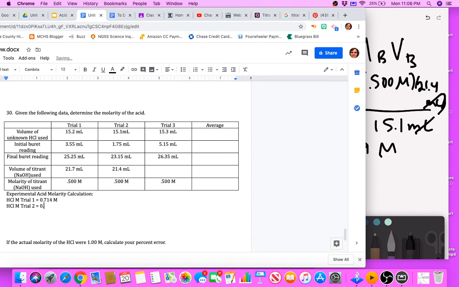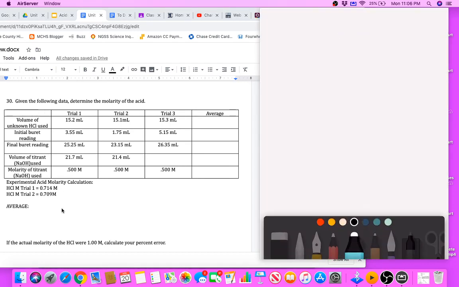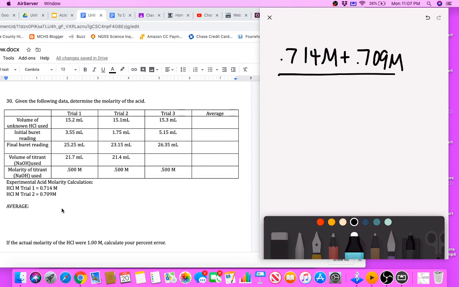So 0.709 molar. Now, before I do a percent error, you guys, what I'm going to do is calculate an average molarity. So I'm going to take the 0.714 molar plus the 0.709 molar, divided by 2.